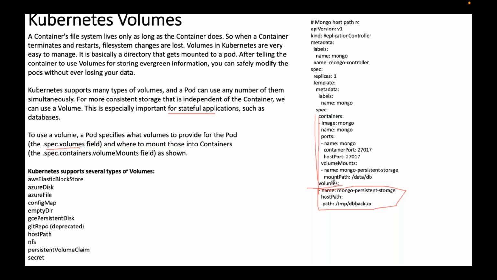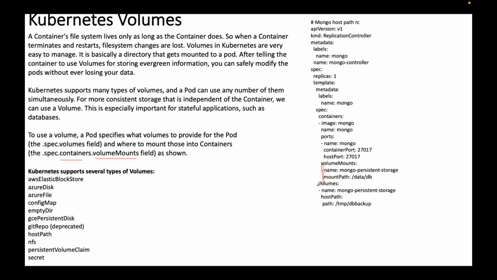Now, I am attaching volumes to this pod, but do I need to mount this volume? I mean to say, do I need to tell my container to use this volume? Do I need to mount this volume to my container? How am I doing that? In my container specification, under spec, under containers, am I using this volume mounts?